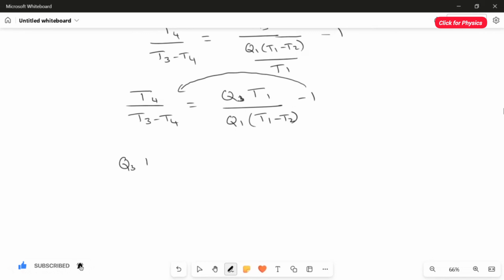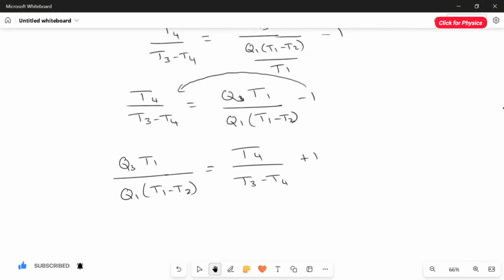So what you will get: Q3 T1 over Q1 T1 minus T2, which is equal to T4 over T3 minus T4, plus 1. Clear? So in the question, they ask you to find Q3.